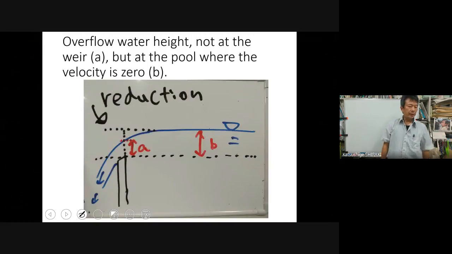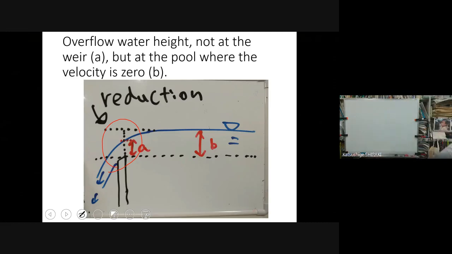So you know that water flow at a weir is not stable. For example, at the weir, the height of the water will be reduced.